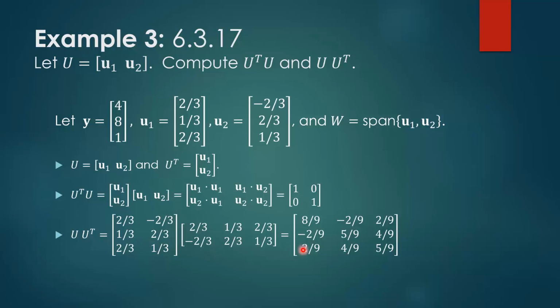If you do this multiplication, you're going to get this 3 by 3 matrix. Okay, so this is our 3 by 3 matrix. We'll use this matrix in the second part, when we're asked to apply the y vector to this matrix. But we'll get there in a minute.